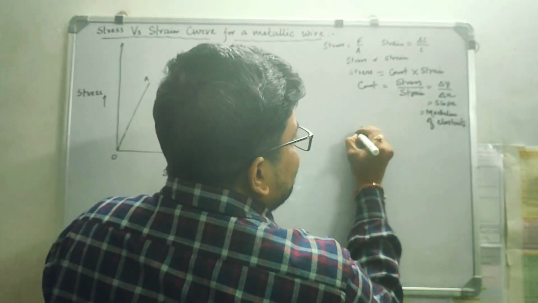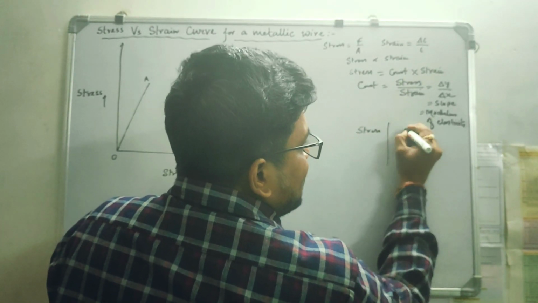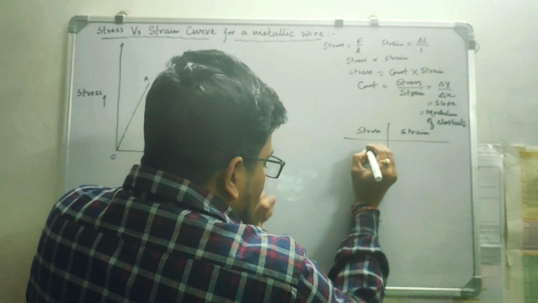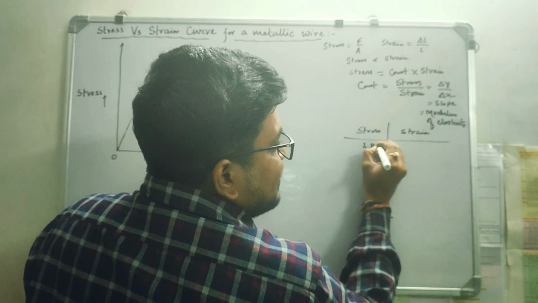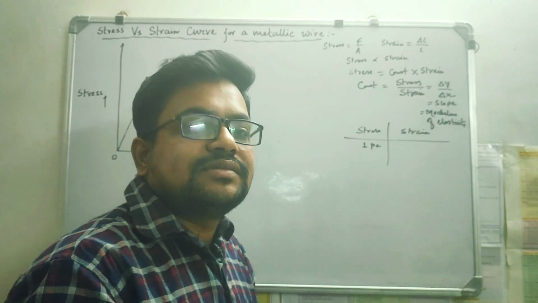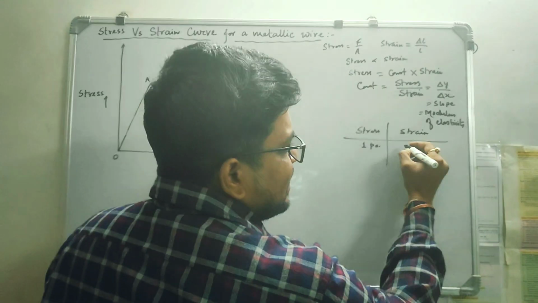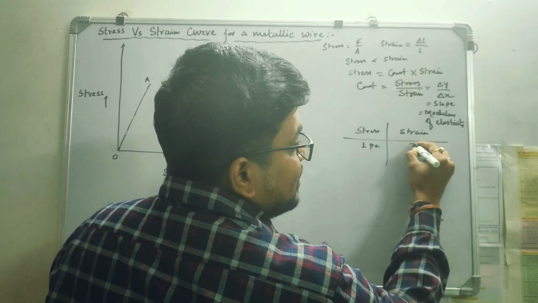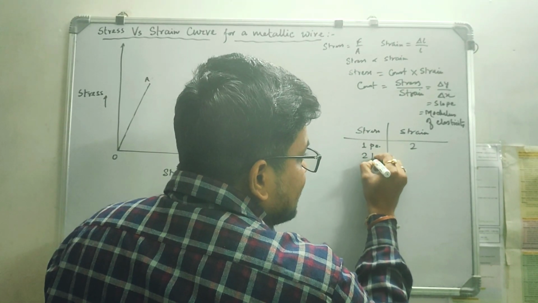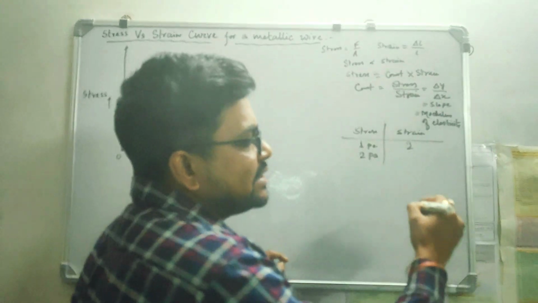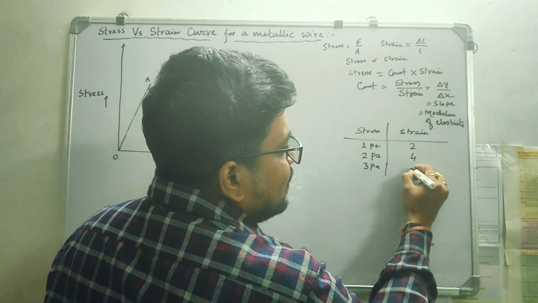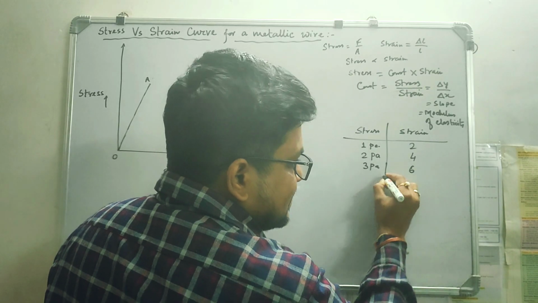What does it mean? Take an example. Initially I give a stress of 1 Pascal. Stress unit is Newton per meter square, or Pascal. For 1 Pascal, for example, the strain is 2. Strain does not have any unit. If we increase the stress to 2 Pascal, let the strain become 4. For 3 Pascal, it becomes 6.